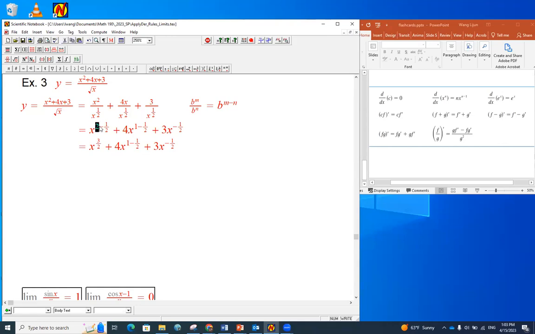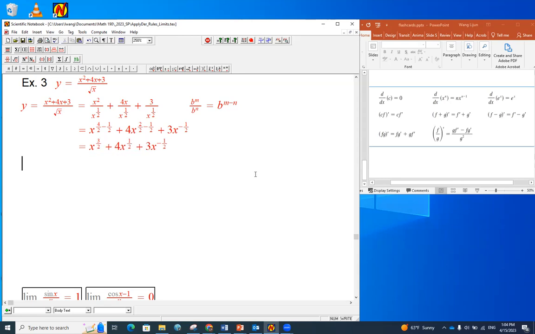And 1 minus half is 1/2, where 1 is 2 over 2. So you get x raised to the power 3/2, plus 4 times x to the power 1/2, and the last one stays.